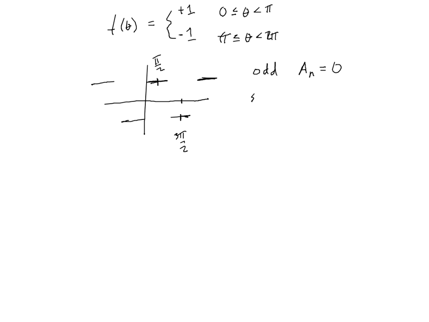So since it's symmetric about pi over 2, that means there's going to be no even sine terms. It's kind of the opposite rule as the cosine thing. So what that means is you're only going to have all of the b sub n, n equals 2n plus 1, which are going to be non-zero.